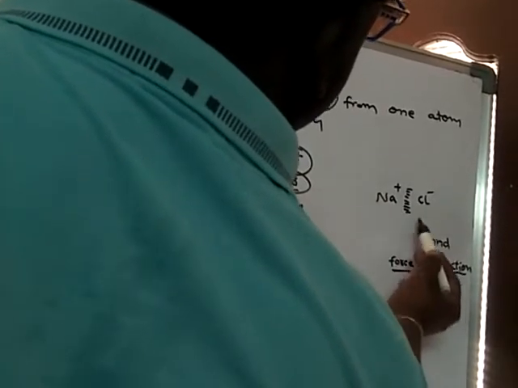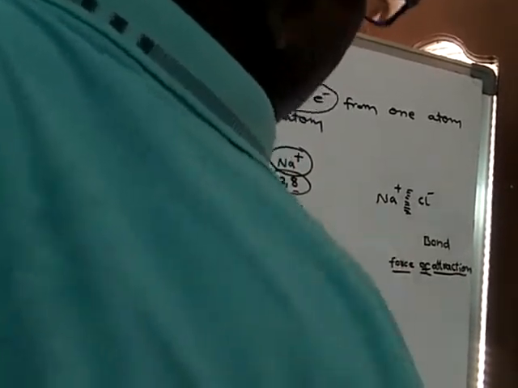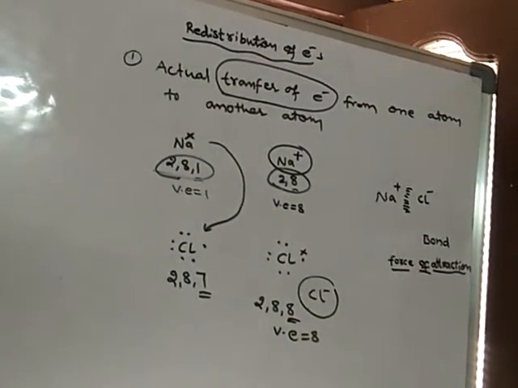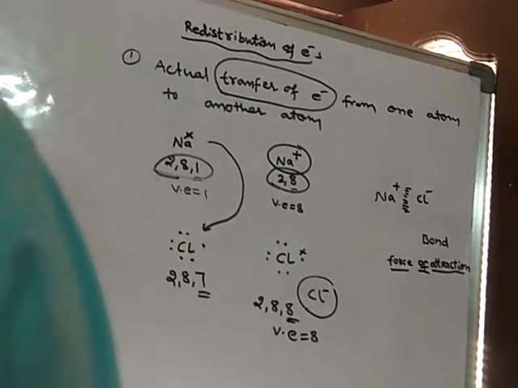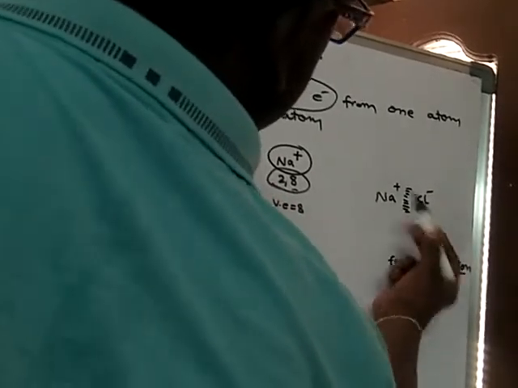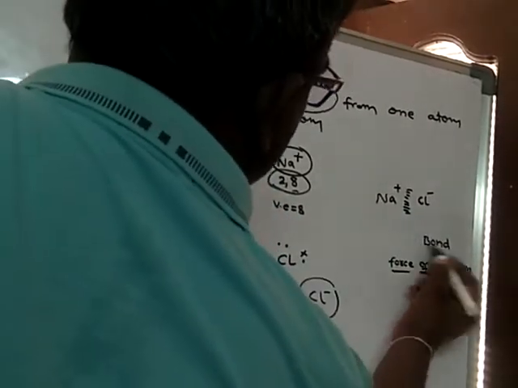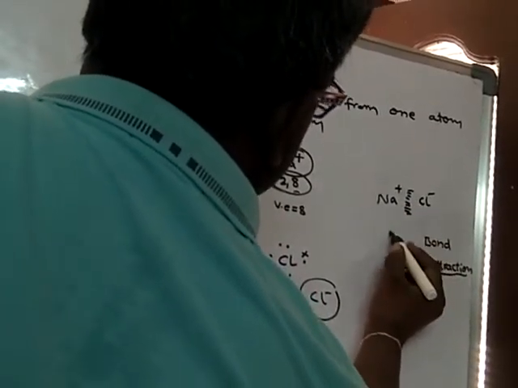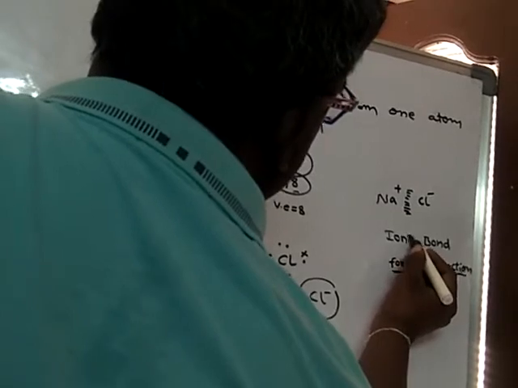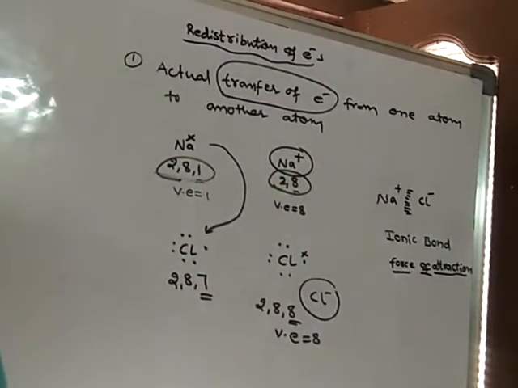So a bond is formed, or else a force of attraction is developed, between oppositely charged ions. Since the bond is formed between oppositely charged ions, that bond, or that force of attraction, is named as ionic bond.